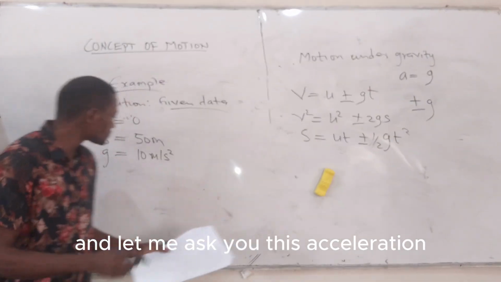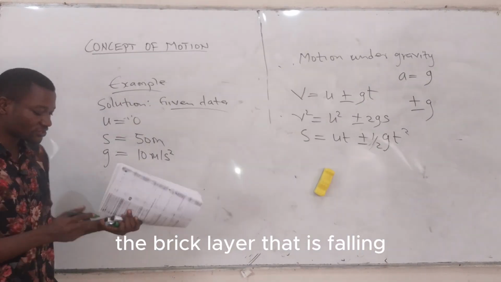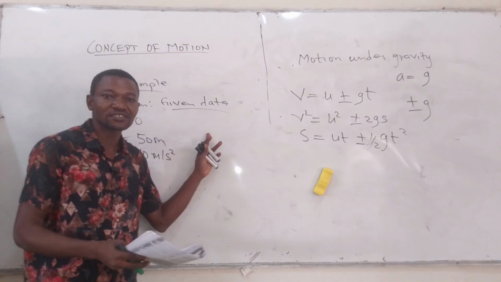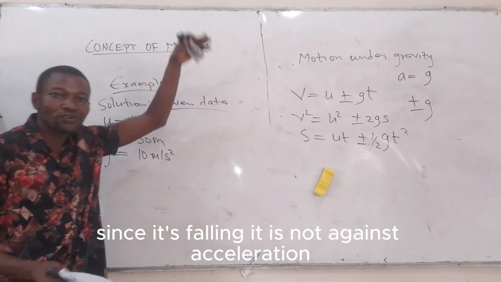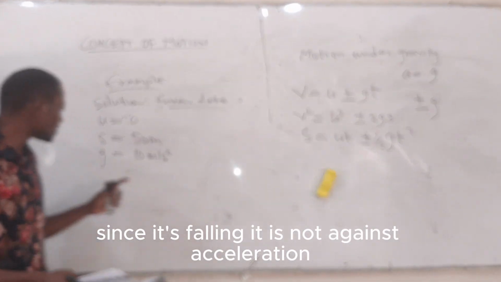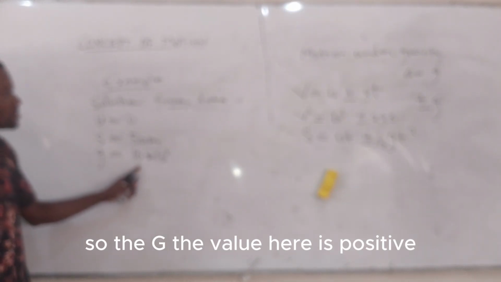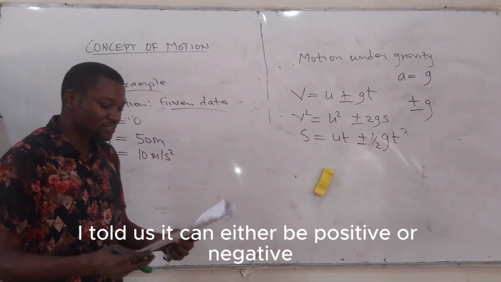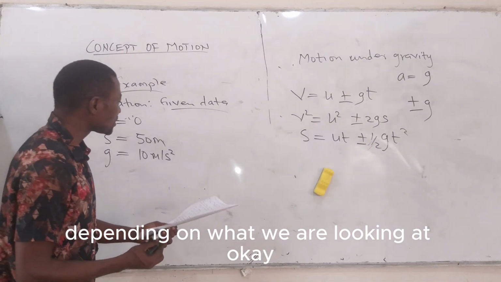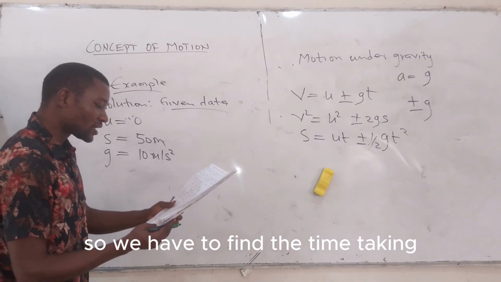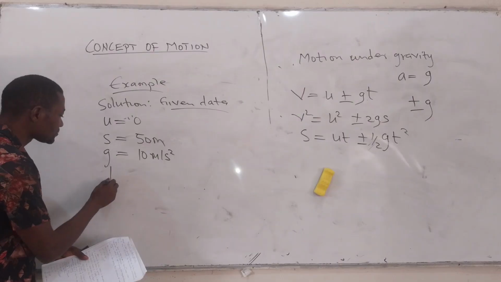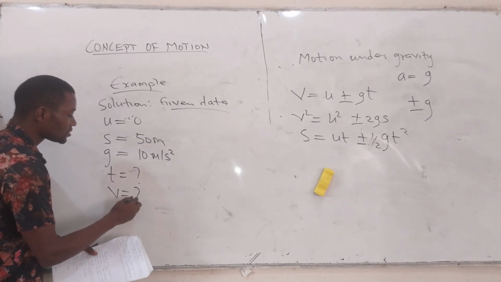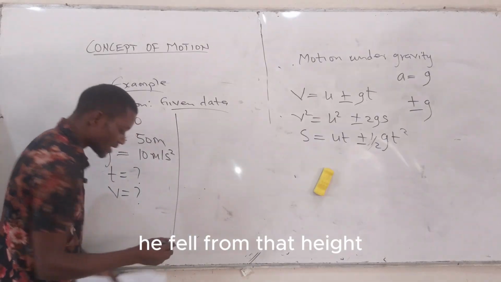And let me ask you, this acceleration, the bricklayer that is falling, is he working against acceleration or is he just under the influence? Since he's falling, it is not against acceleration. So the g value here is positive. You remember, I told us it can either be positive or negative, depending on what we are looking at. Okay, so we are to find the time taken. We don't know the time. And also the velocity with which he fell from that height.